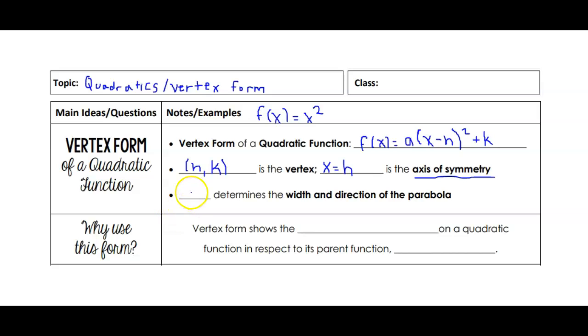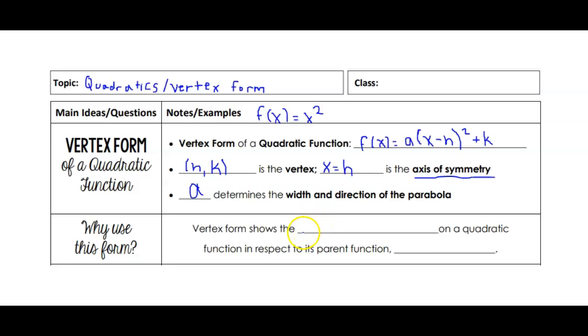All right, let's talk about what determines the width and direction. Now, if you already filled in a, you are absolutely right. a determines the width and direction of the parabola. So the next thing we want to talk about is why we use this form. Well, we use it for the same reason we use the form with absolute value.